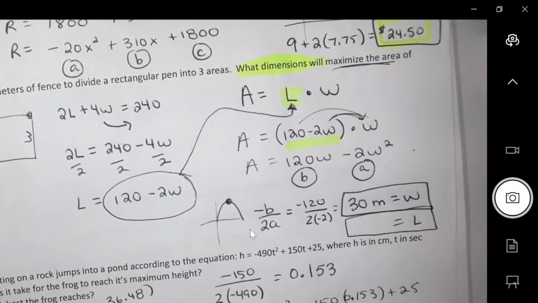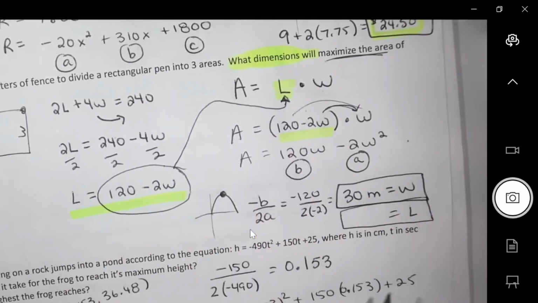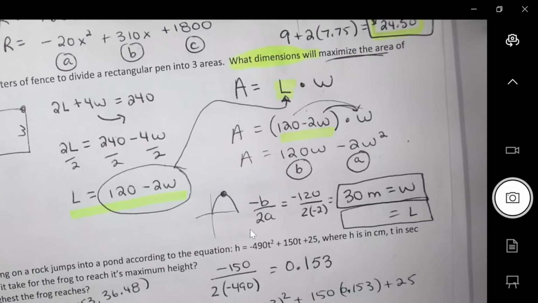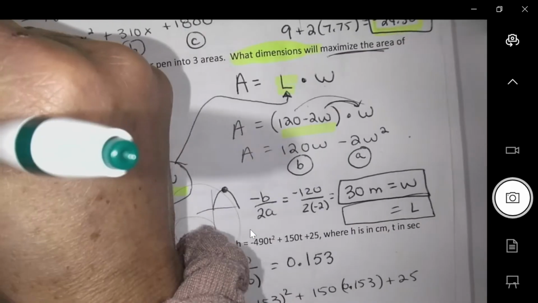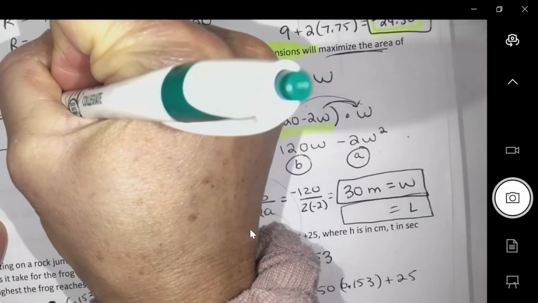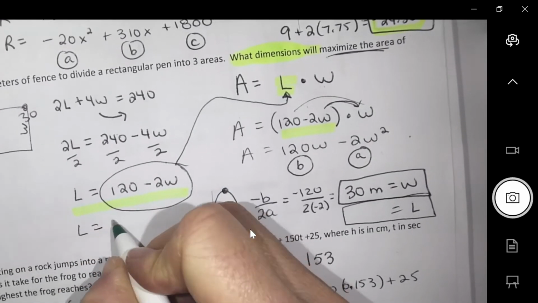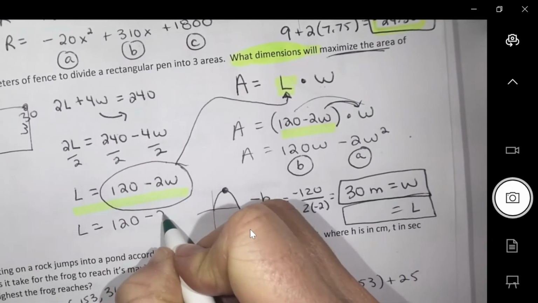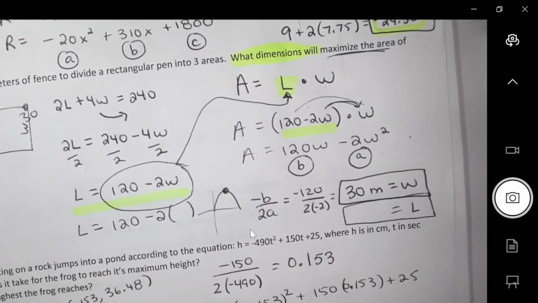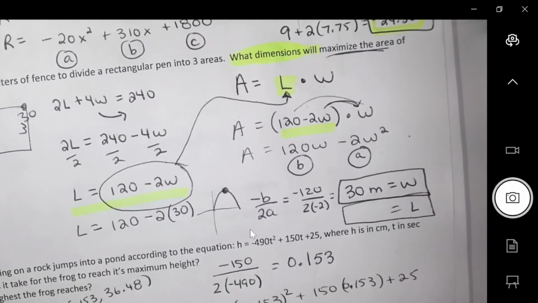We could go over to this line. Or some of you might understand just how to figure it out with mental math. If those lengths are now all 30. Okay, so length equals 120 minus 2 times the W, which is now I know, 30.